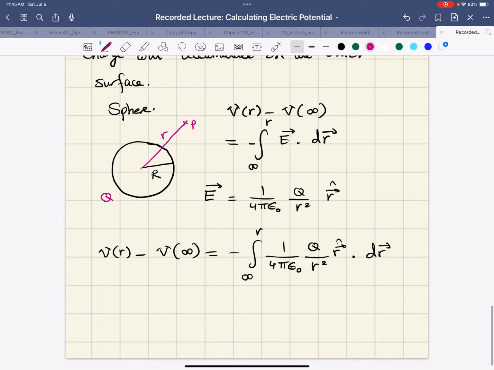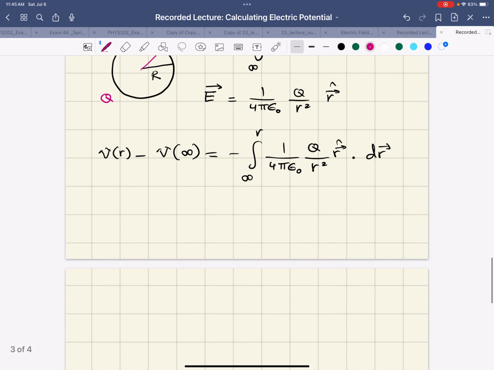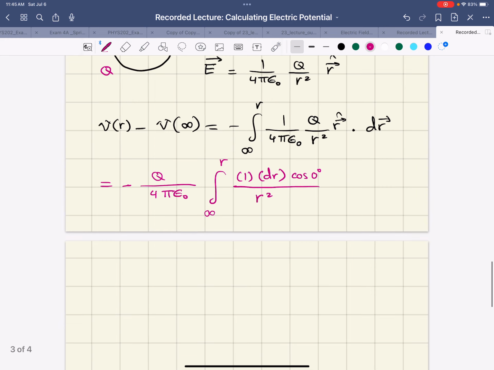Now what I can do is pull out all my constants, so Q over 4 pi epsilon 0 is pulled out. And here I have the R unit vector dotted with dr, which is 1 times dr times cosine 0, which is 1, divided by R squared.